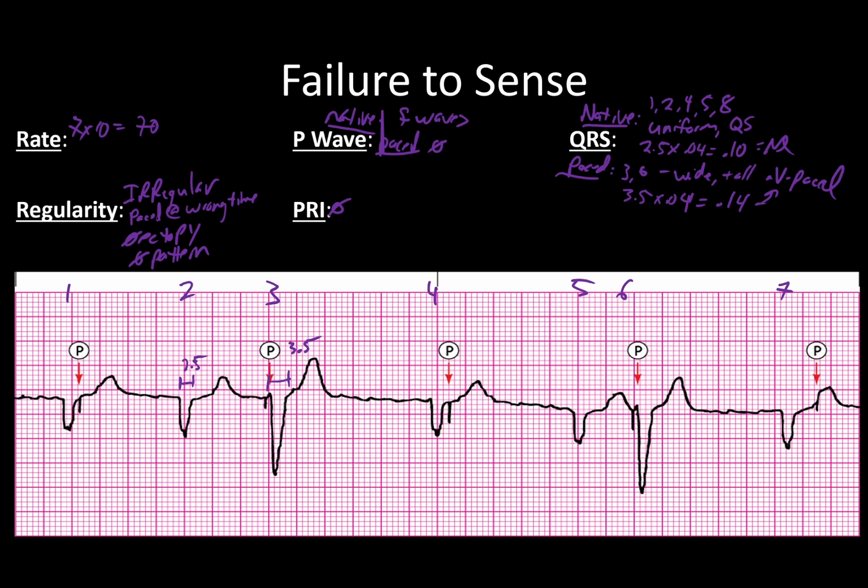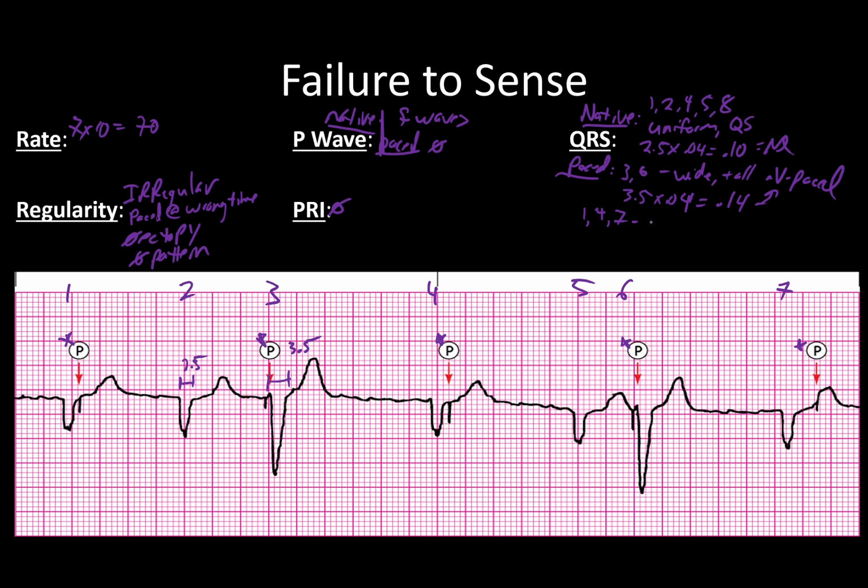The part that gets interesting is the spikes themselves. If you look at the ones that are marked as P's, you can tell that the spikes that are associated with beat number 1, number 4, and number 7 are happening at the wrong time.